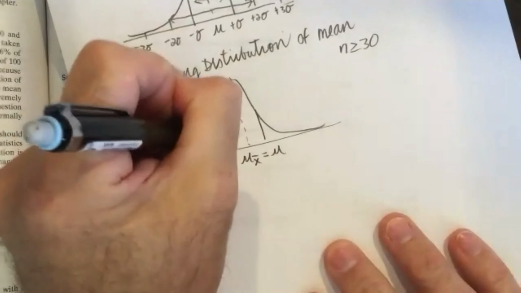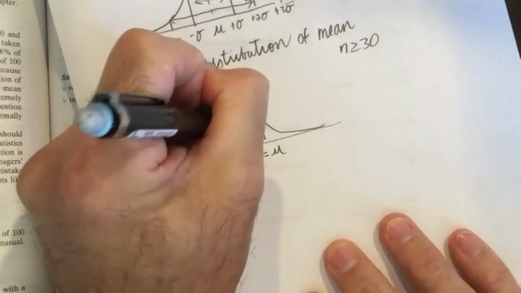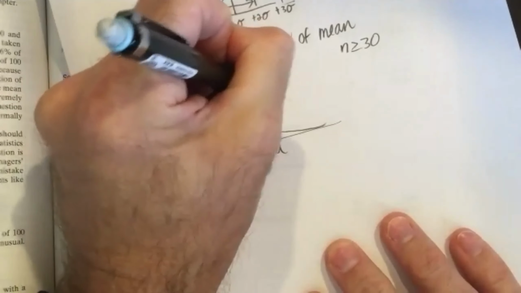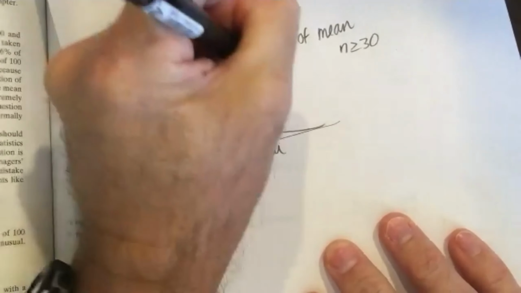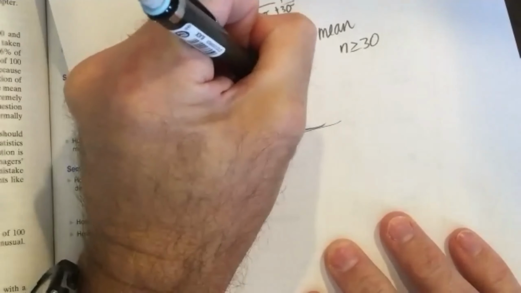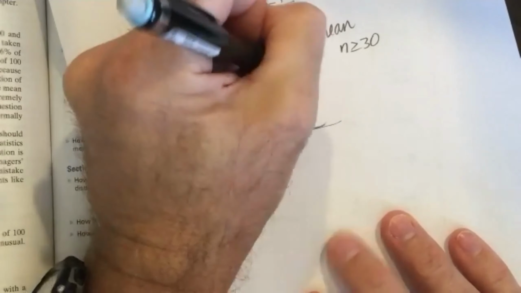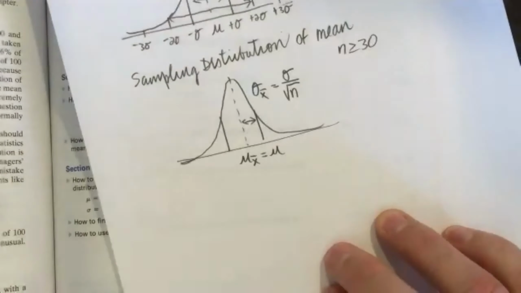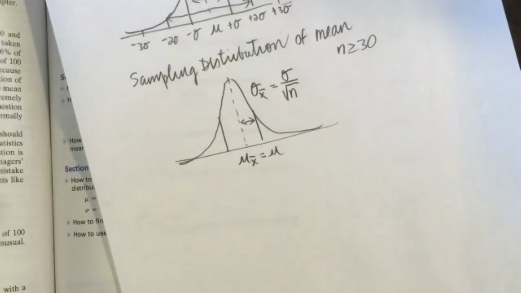But it turns out that the spread of our distribution is better than the spread of the population. It gets less spread out by the square root of n. So the spread of the sampling distribution, which we call the standard error of the mean, is equal to the standard deviation of the population divided by the square root of the sample size.